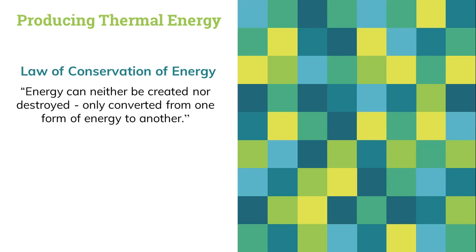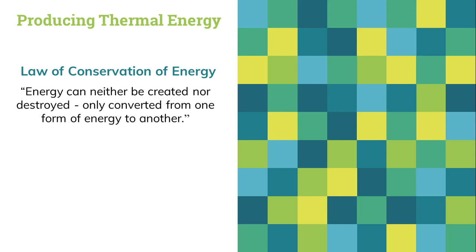It states that energy can neither be created nor destroyed. It can only be converted from one form of energy to another. That means that this thermal energy can only be expressed in other forms, but it cannot be destroyed. Alright, it can be released as energy changes occur.